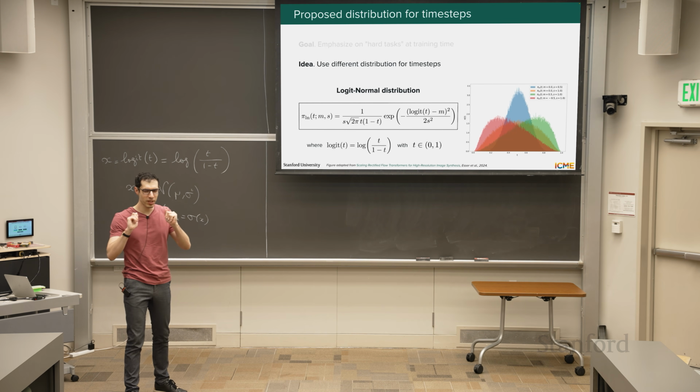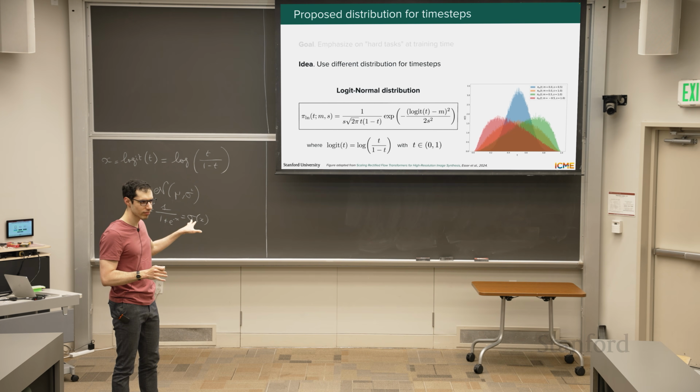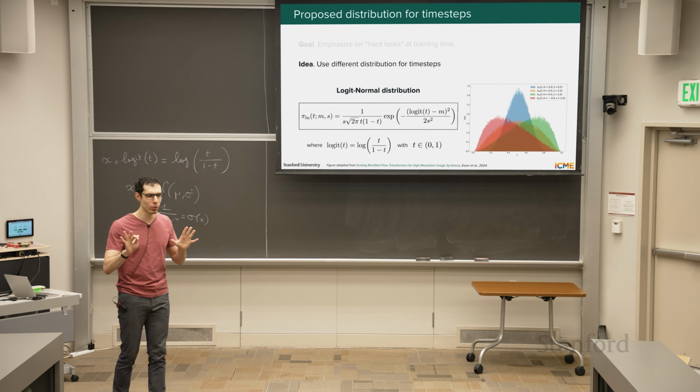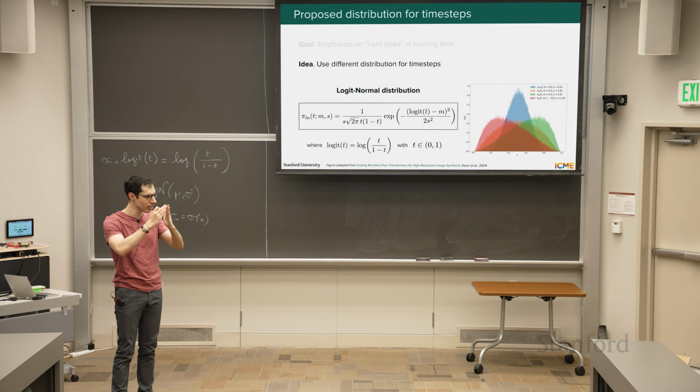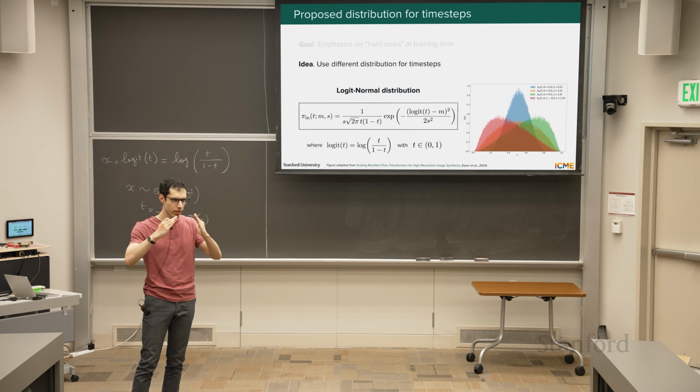So you may ask me, well, why do you not sample t directly from a normal distribution? Maybe it's a question you ask. The reason why you don't do that is the normal distribution is a distribution that can take any values, and you only want values between 0 and 1.